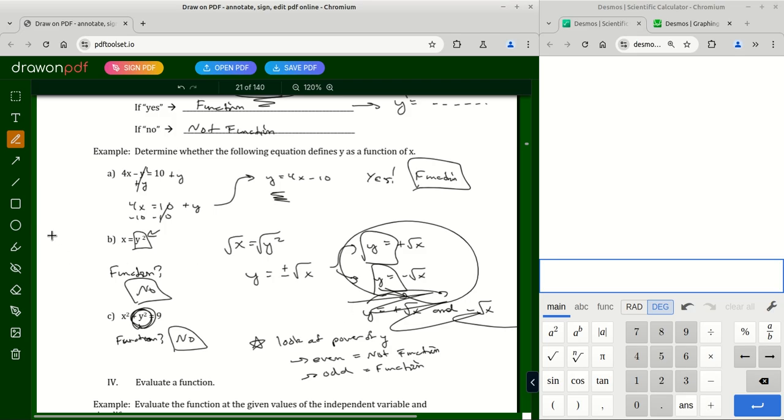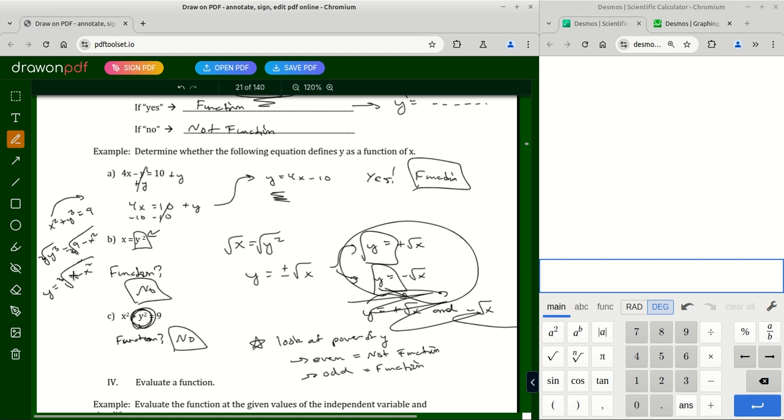Very good. But what if I had the same thing, x squared plus y cubed is equal to 9, something like that. So I move this guy over, and I got y cubed is equal to 9 minus x squared. How do I get rid of a cube? I'm going to cube root both sides. I put a little 3 there, and it says, oh, now it's something special. So I got the cube root of 9 minus x squared.